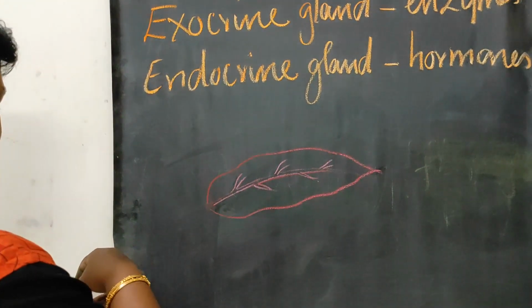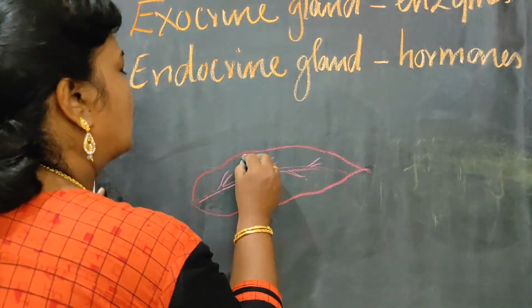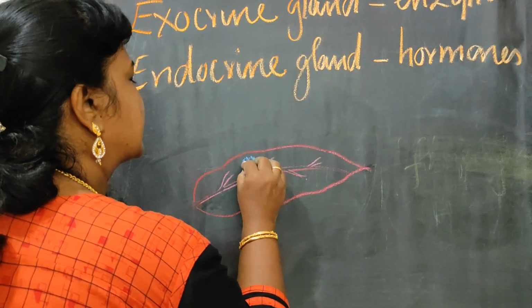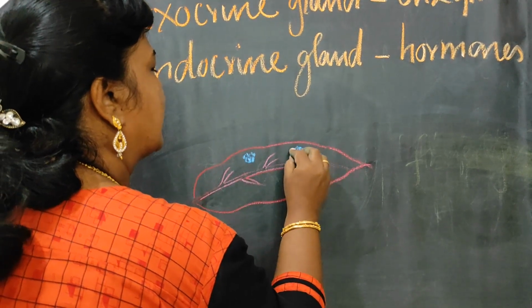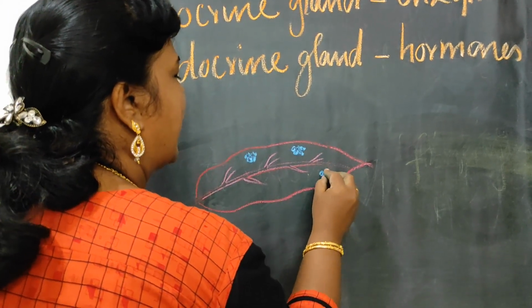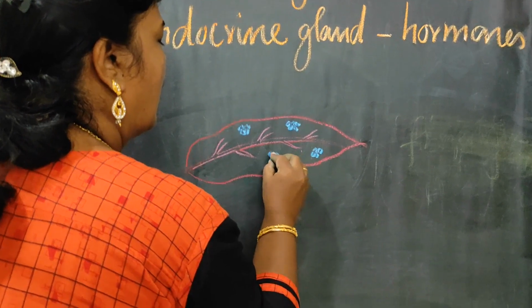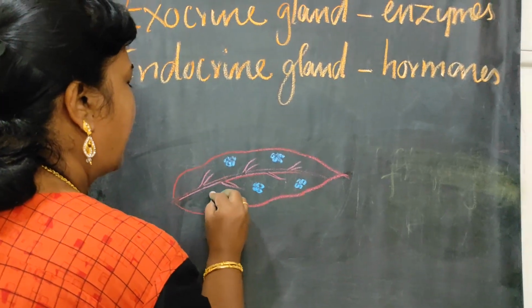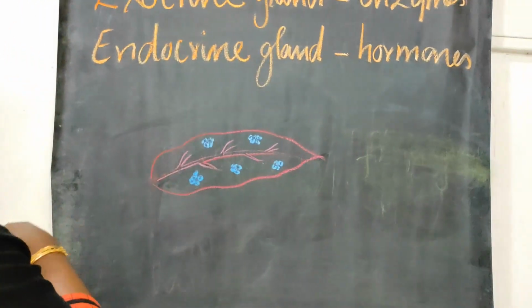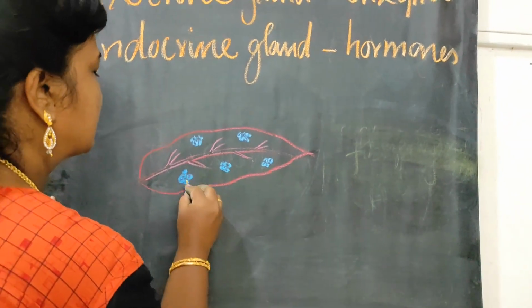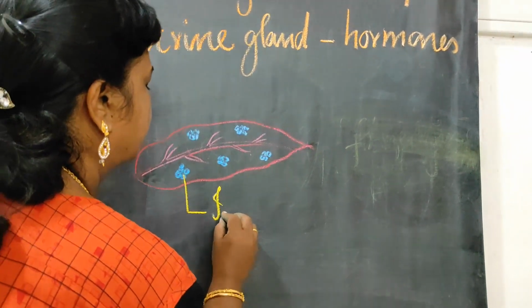On the upper surface of the pancreas, there are groups of cells called islets of Langerhans.